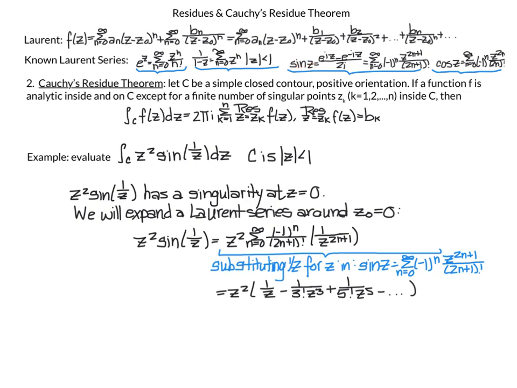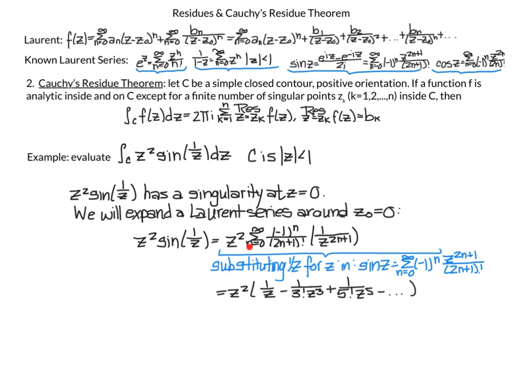So I made that note here, and I get the summation then. I replace the sine of 1 over z with summation, n equals 0 to infinity, negative 1 to the n, I have my 2n plus 1 factorial. Now this z gets replaced with 1 over z, and it's raised to the 2n plus 1. I keep my z squared, and then I plug in a few terms.